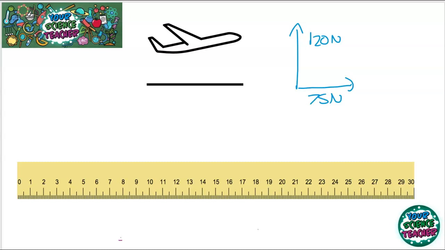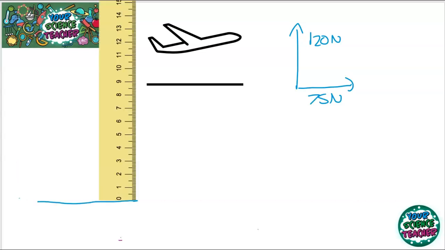So if we divide them by 10, it's easier to work with a ruler. So 7.5 centimeters in the horizontal plane, and it will be moving 12 centimeters in the vertical plane. So if I keep that as straight as possible, it will make it as easy as it can be.